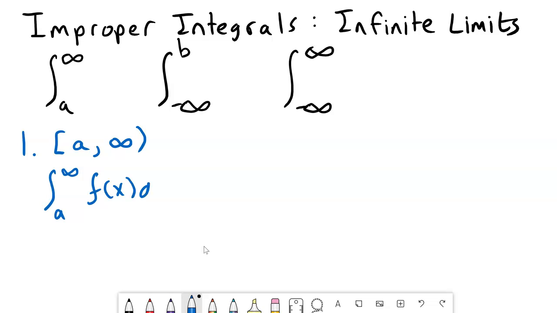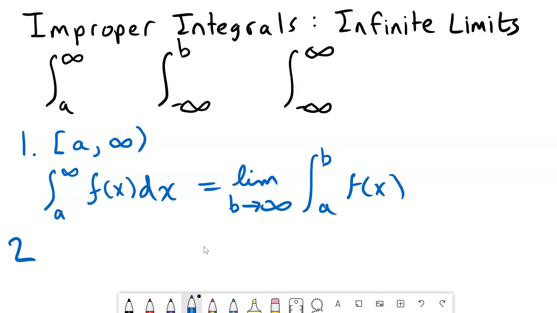The integral from a to infinity of f of x dx, the way we solve it, is we make a substitution: we make the top limit approach infinity. We can't necessarily keep it as infinity throughout; we have to actually approach infinity. So that's what we're going to be doing.